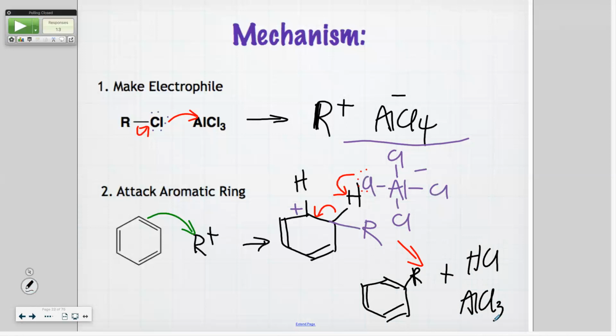Okay? Are you seeing how they're like the same thing? That's actually what most students like about electrophilic substitution. It's very repetitive.